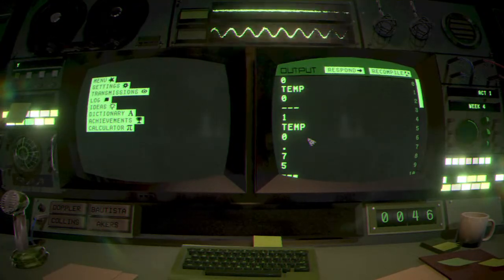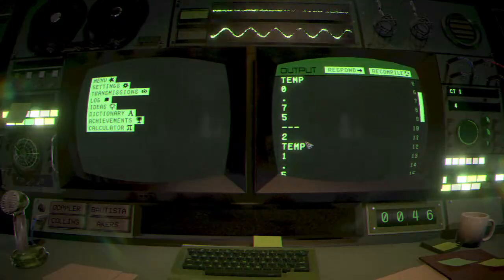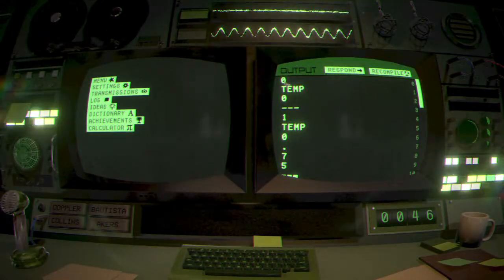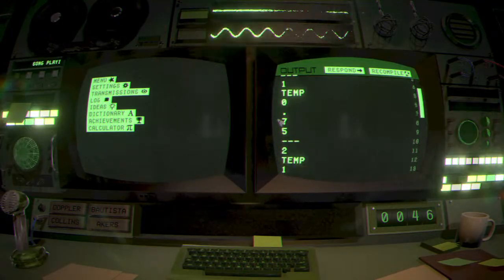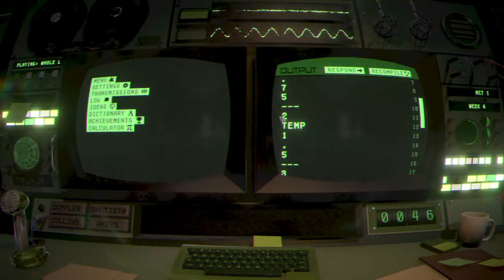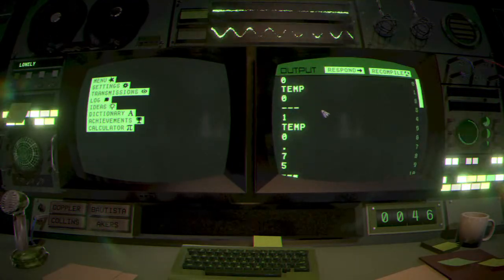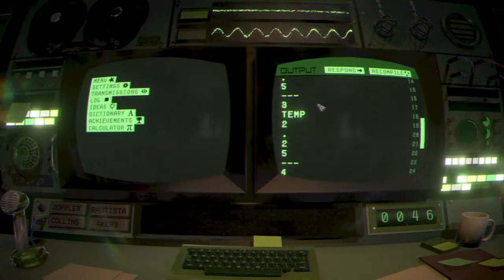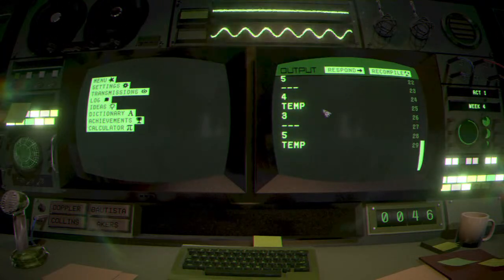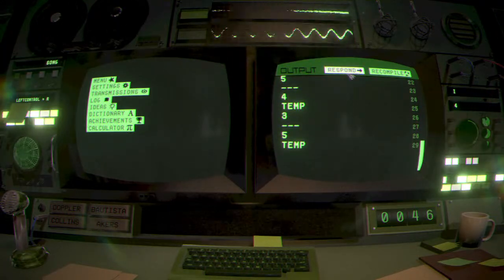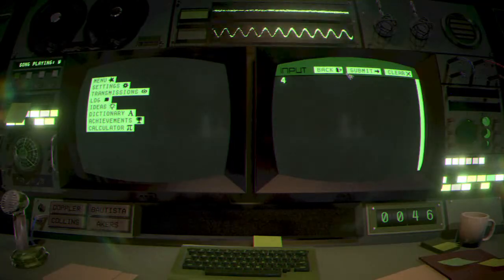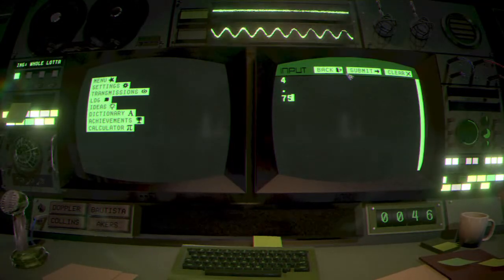It's saying, okay, add 1 to the first number, 0.75 to the second number. So 1, 2, 3, 4, 5. 0.75, 1.5, 2.25, 3.5, 4.75. I don't know.